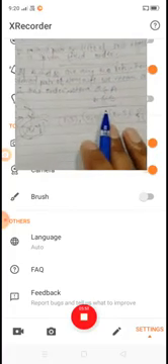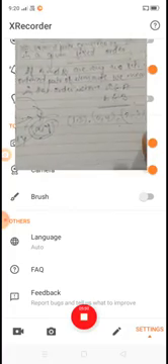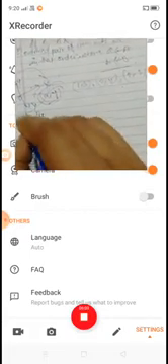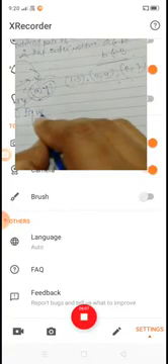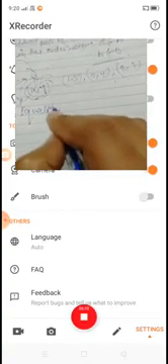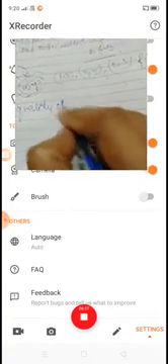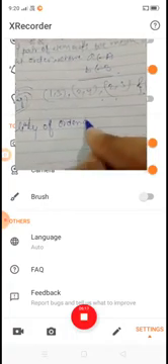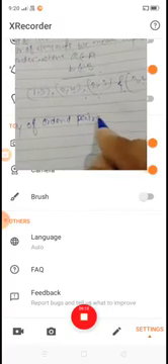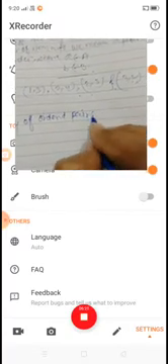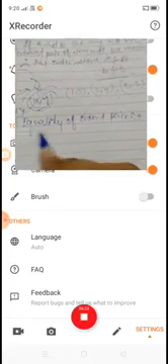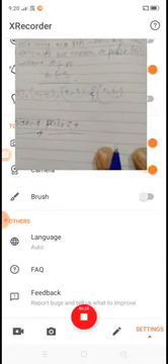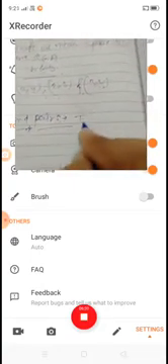Now we discuss the next topic, equality of ordered pairs.